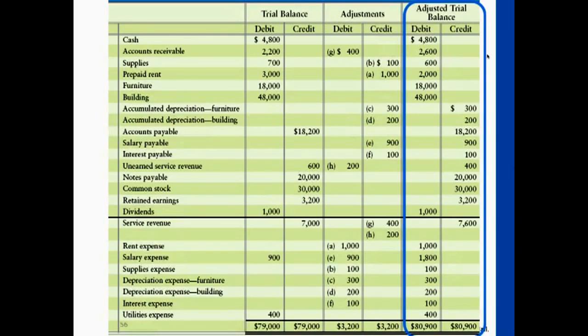For salary payable, $900 and $100: this is the new adjustment we made, so copy the information. Now what about unearned service revenue? Unearned service revenue is a liability. Originally we have $600, and now you see $200 there. We will need to add or minus that amount.